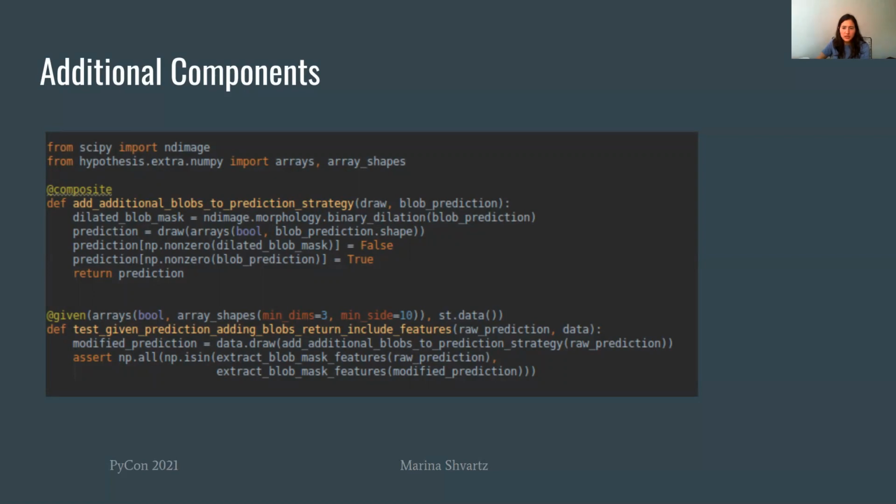Then it will call my custom strategy that will add additional random connected components on top of the given prediction. To make sure it doesn't override the existing components, I use binary dilation to keep them invariant for the change. Finally, I asserted that my returned features list from the first prediction is indeed included in the second one.